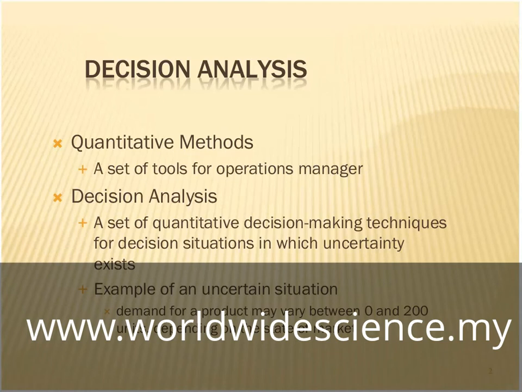You tell yourself, if I select this project, if I choose this option, I don't know what will happen to our demand. This decision or this option may be a bad option for my company. So this is the reason that this quantitative method or mathematical method as a tool can help you to select.